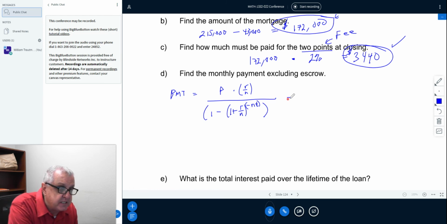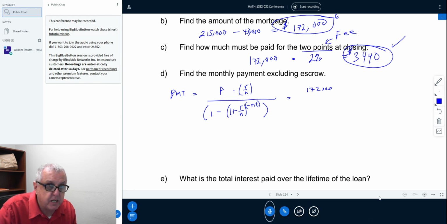So let's fill this in. Principal, we're starting off with a $172,000 loan. The $172,000 loan is the principal, times the interest rate we're getting for this.